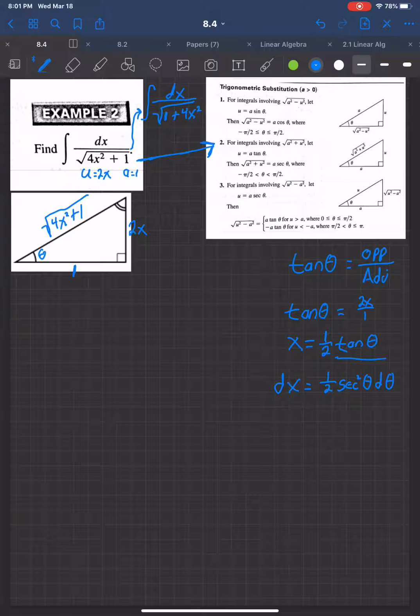Okay, and what I was saying a second ago was what comes out of this idea, the fact that you are going to define x as 1/2 tan of theta, is that you get to rewrite this radical, the square root of 4x squared plus 1, as a secant theta.